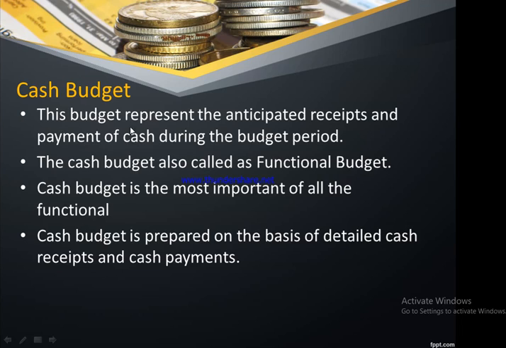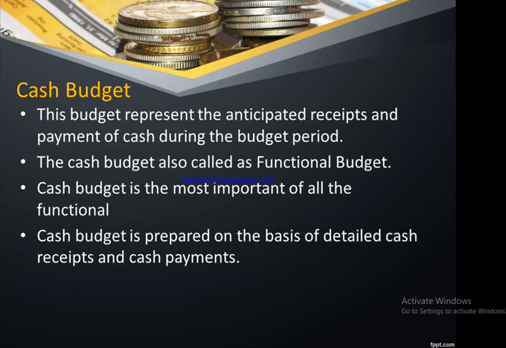When you're preparing a cash budget, it represents our anticipated receipts and payments during a budgeted period. For example, if I'm preparing a cash budget for the next 3 months, I need to understand what my anticipated cash inflows and outflows are during the next 3 months. This cash budget is also called a functional budget, and it's one of the most important of all the functional budgets.